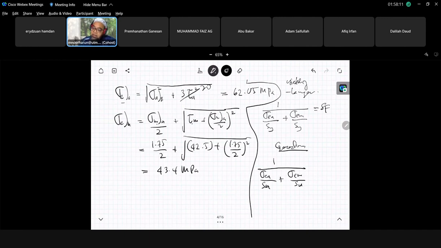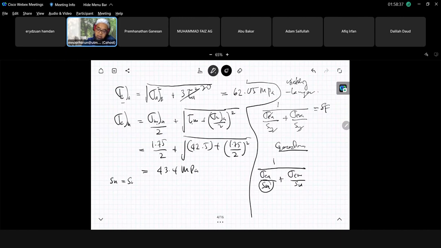So we have yield strength, we have equivalent alternating stress, we have equivalent mean stress, we have the value of the alternate, but we don't have this one. So we need to calculate this one. Endurance limit.